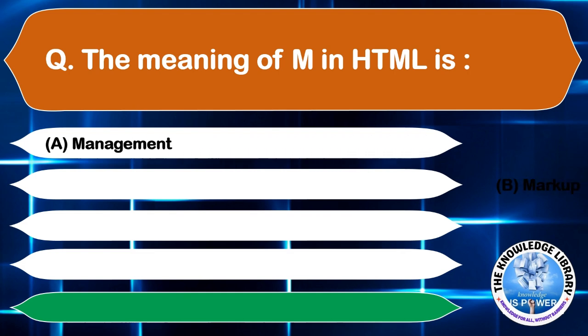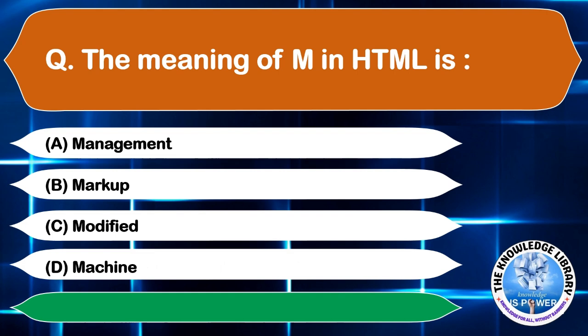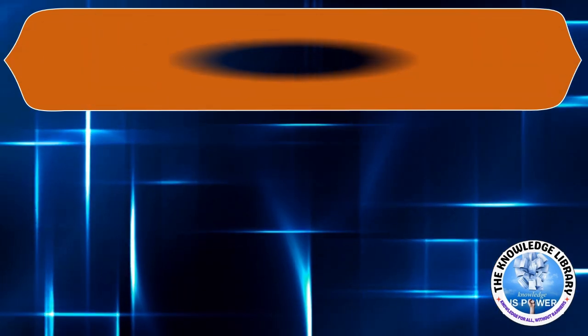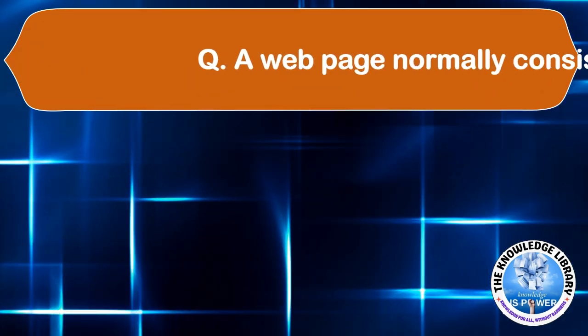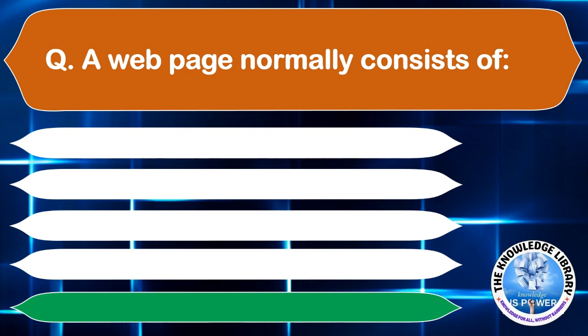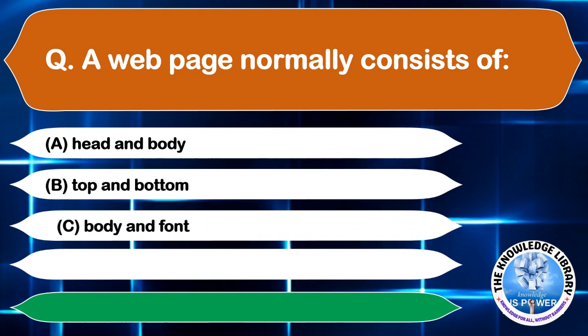The next question is, the meaning of M in HTML is option A, management. Option B, markup. Option C, modified. Option D, machine. The correct answer is option B, markup. The next question is, a web page normally consists of option A, head and body.